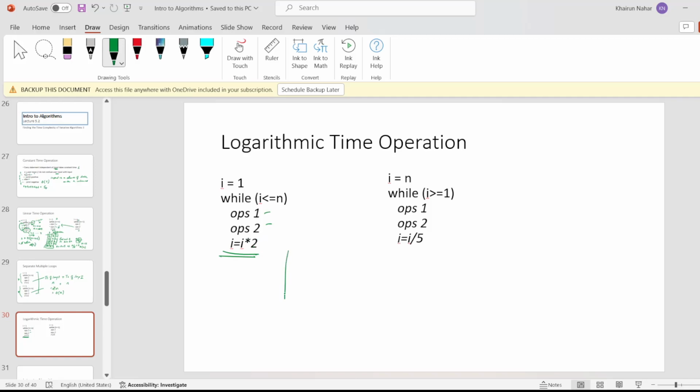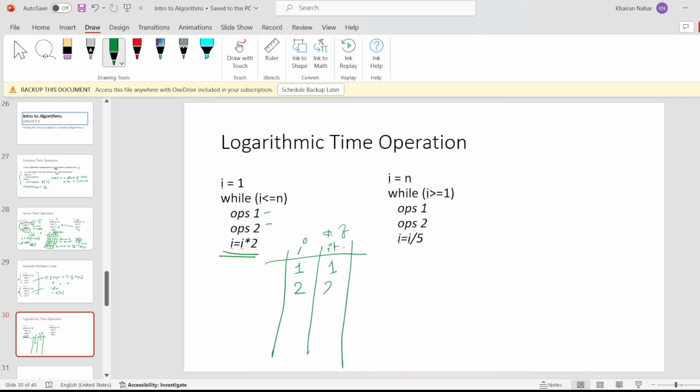So what we can do is we can draw a table like the previous solution where we have I over here and we have number of iterations over here. So I starts from 1 and this is iteration 1. And then we have 2 because I is getting multiplied by 2 at every step.